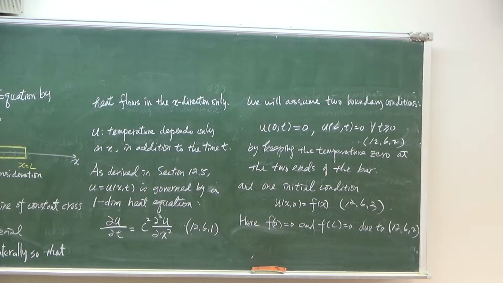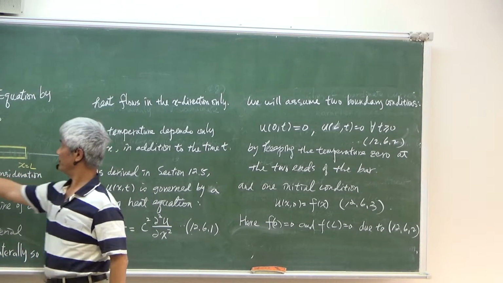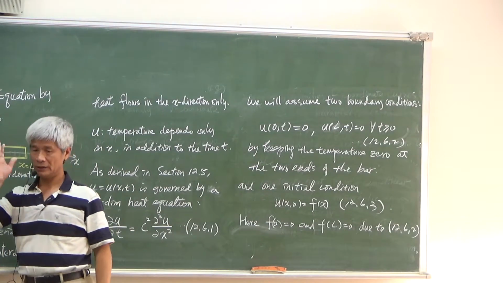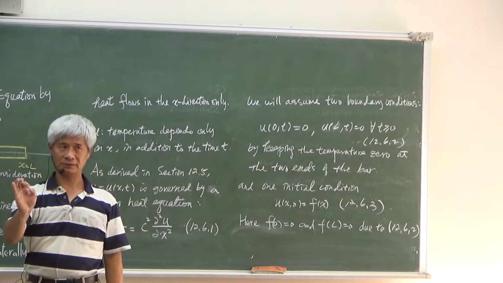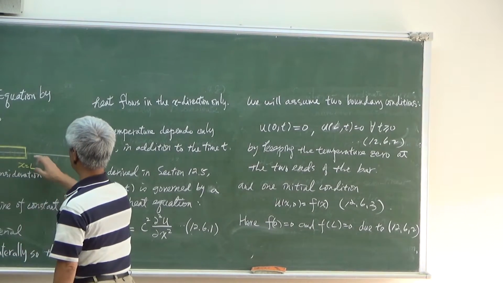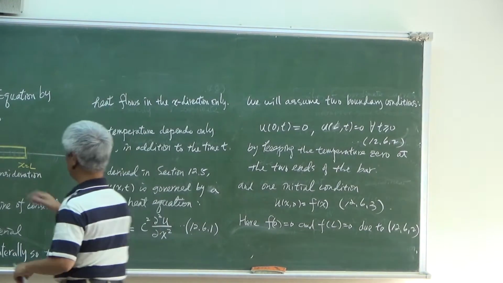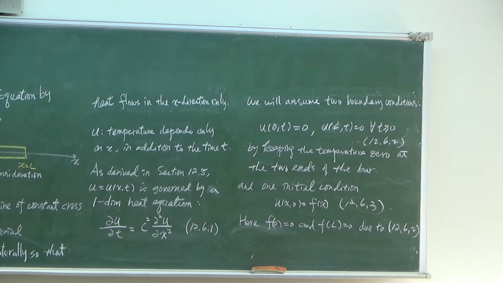And so it will produce heat flow because the system has the tendency to go to equilibrium. Since both ends are kept at temperature 0, if you have a temperature higher than 0 here, then your heat goes to both ends.